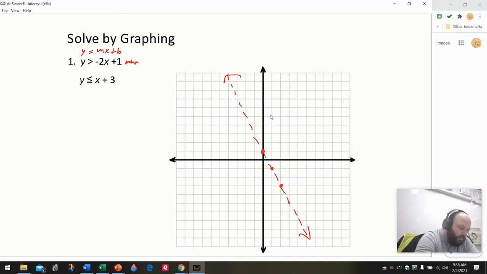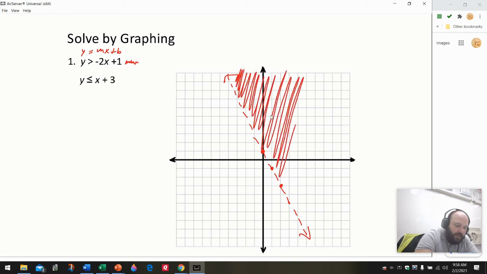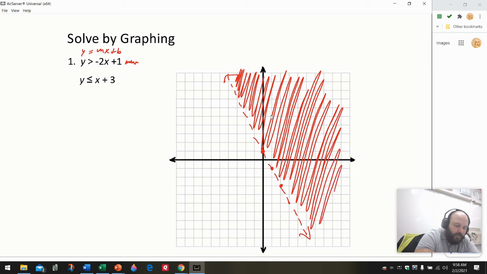And so this says the y needs to be greater than. So right here, our dot was at 1. We need to shade where the y's are greater than 1, which in this case would be above this line like this. And so what you see is we have the shading for that first graph.